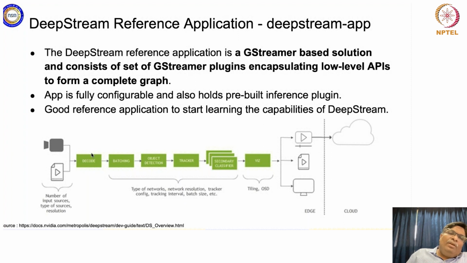Then you do the decoding, there will be batching, then you have object detection, then you can track, then there's a classifier which will help you to do many things, and then you can do tiling and on-screen display visualization, and then it can be done either on the edge, we will show you this, as well as on premise through the cloud or on the data center or whatever. We'll show you some examples of both of these, and this is what a Deepstream application is going to help you to attain.